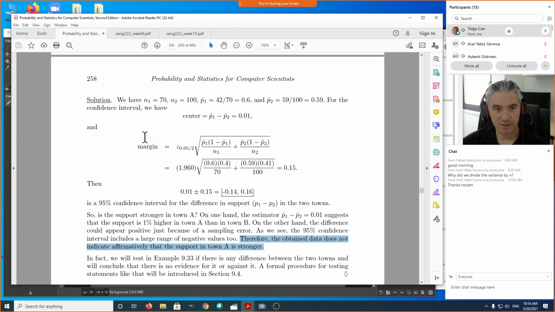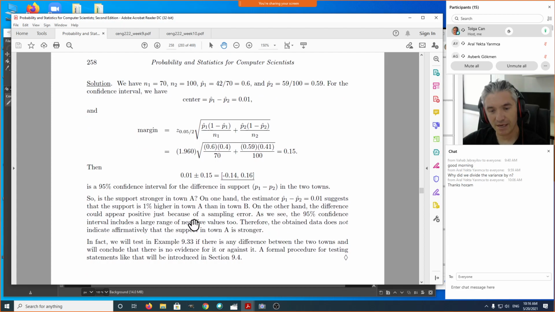Okay, so we are going to see hypothesis testing, where we are going to be doing things like these. We are going to be making hypotheses. For example, the hypothesis will be that the candidate has more support in town A. We are going to build the null hypothesis and the alternative hypothesis.